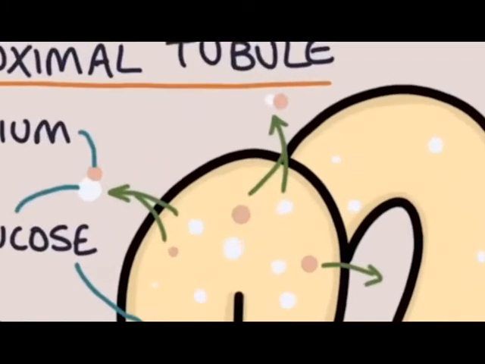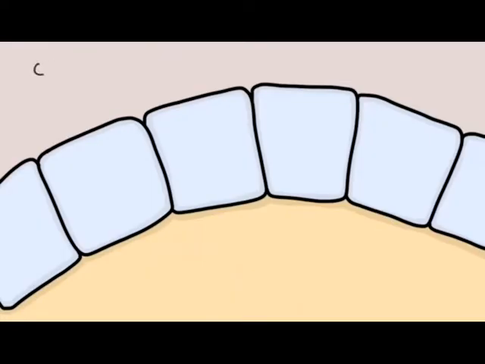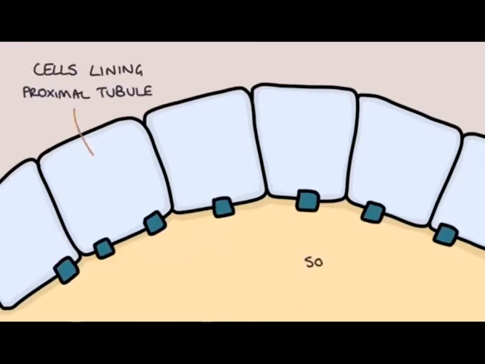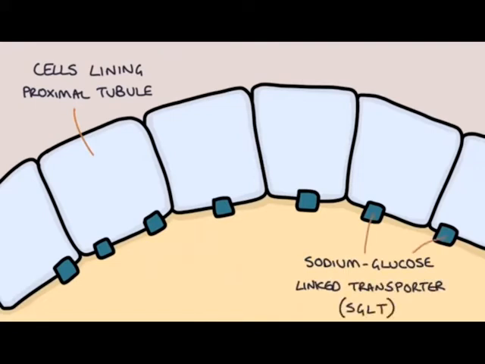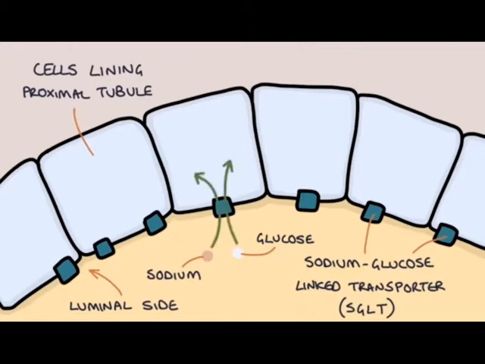Let's look a little bit closer at the proximal tubule. There are cells that line the proximal tubule that have a molecule called the sodium glucose linked transporter, which we shorten to SGLT, on their luminal side. This transports sodium and glucose together across the cell membrane and out of the filtrate. This sodium and glucose then passively diffuses out of the other side of the cell into the interstitial fluid, where it's reabsorbed into the blood.